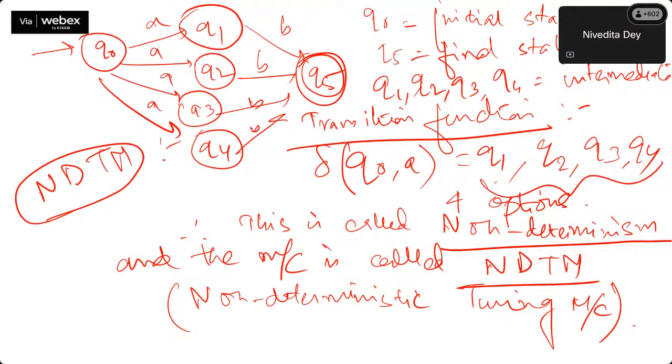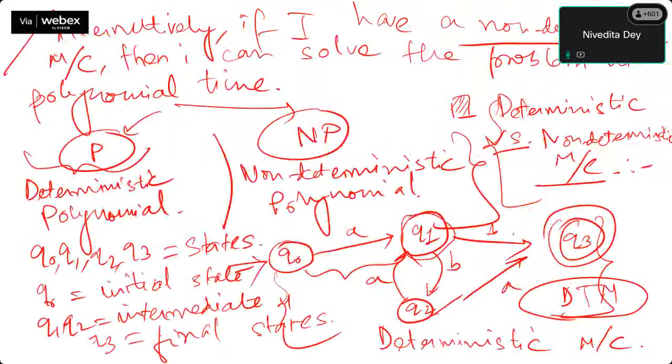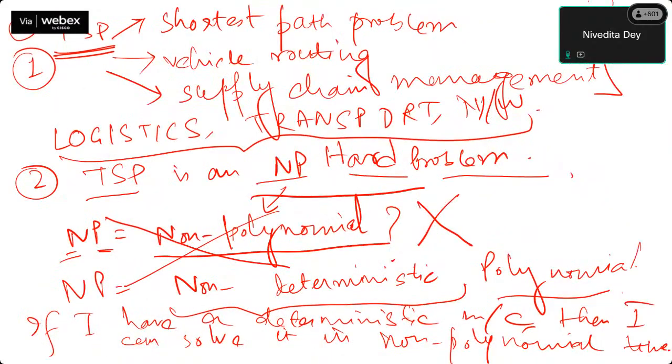Now, if we go back to the earlier discussion, why are we picking up this thing? It is relevant for the shortest path problem, the vehicle routing problem, and very relevant for supply chain management, all the problems including the SCM. So the case is why this is very relevant.